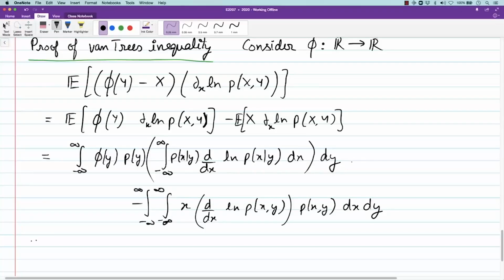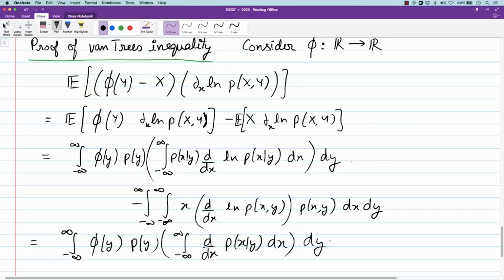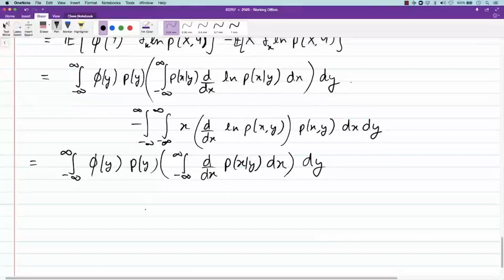When we look at the first term here, this derivative is 1 over p of x given y times the derivative of p of x given y with respect to x. So that is the integral of p of y times the integral of d by dx of p of x given y, for any given y we can do this, dy. That's the first term. And then the second term: again, I can do 1 over p of x given y, which cancels this p of x given y, and then the derivative of p of x given y with respect to x.